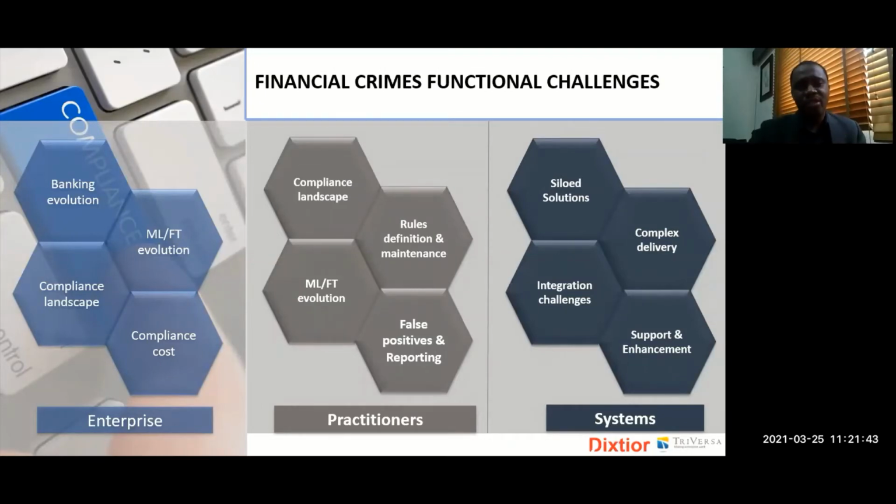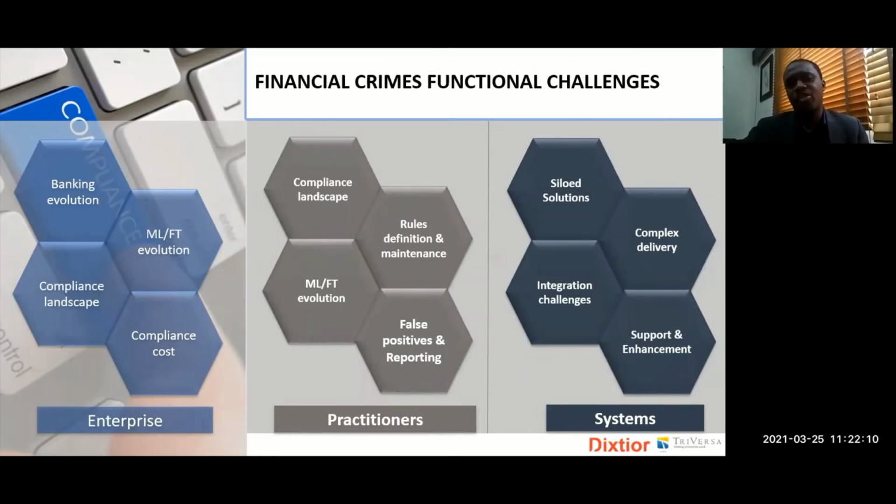They come up with new regulations. And the way money laundering and financing of terrorism is carried out keeps changing as well, because they keep looking for smarter means of compromising the system or taking advantage of the loopholes we have within the system. Of course, you also want to manage your compliance costs, all that from an enterprise point of view.